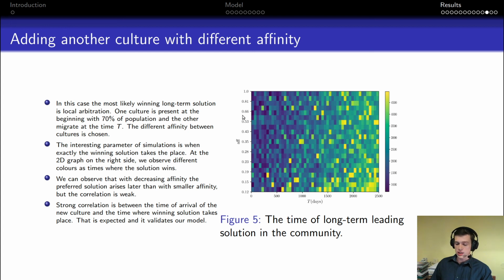We can see really some weak correlation between the affinity and when the long-term solution was found. And of course we can see correlation between the day when the new community was merged and when the leading solution was found.